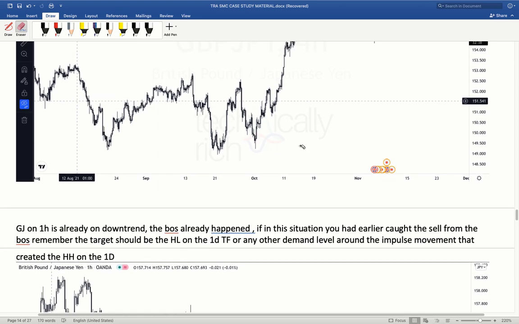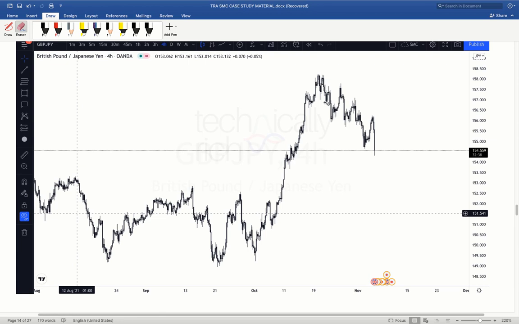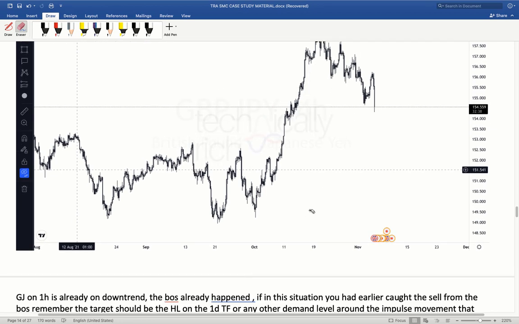So if you caught this sell from this 4 hours, where you should be targeting is somewhere around here, maybe this area or this area, which is the higher low on the weekly and the daily time frame, or on the daily time frame alone.